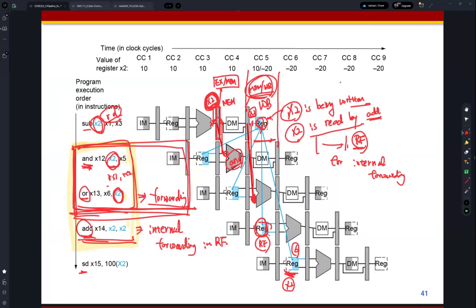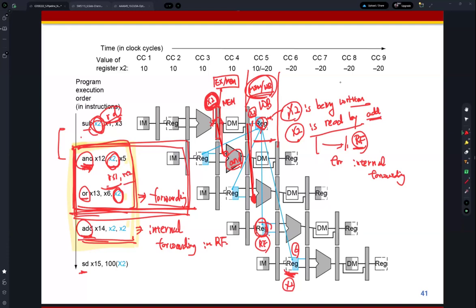For example, for AND and sub, we can check the RD of the sub instruction and the RS1 and RS2 of the AND instruction. In this example, the RD of the sub instruction is equivalent to the RS1 of the AND instruction, so we need to perform data forwarding.